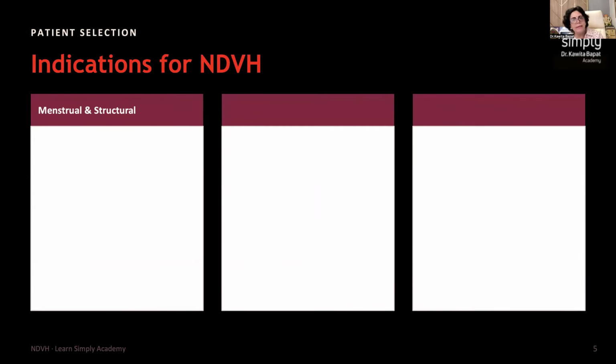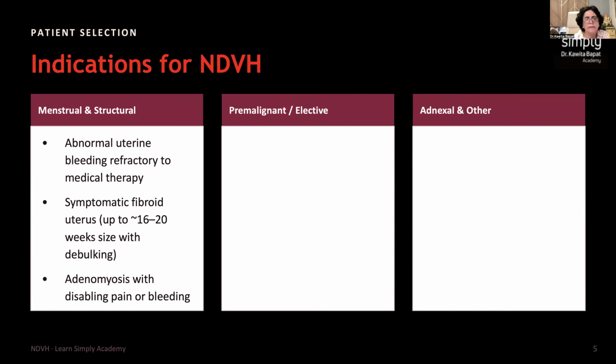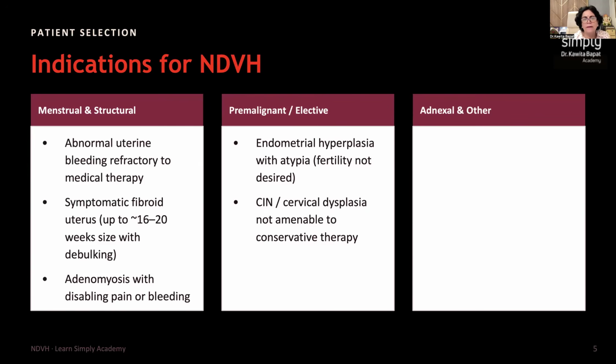Now, what are the indications for non-descent vaginal hysterectomy? Menstrual, pre-malignant and adnexal. Any abnormal uterine bleeding refractory to medical therapy is good for the patient. Any symptomatic fibroid up to the size of 16 to 20 weeks, with debulking, can be done. Adenomyosis with disabling pain or bleeding. Endometrial hyperplasia with atypia, fertility not desired.